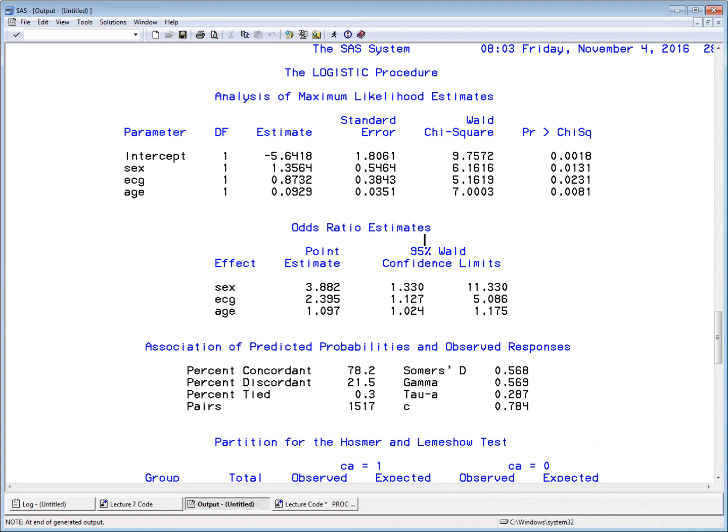Notice that all the type 3 p-values are below 0.05, so all of those variables add something significant above and beyond the other variables. We have odds ratio estimates to help us quantify the effect of these significant variables on coronary artery disease. And at the very bottom, we can see the beginning of our Hosmer-Lemeshow test. It goes on to the next page.